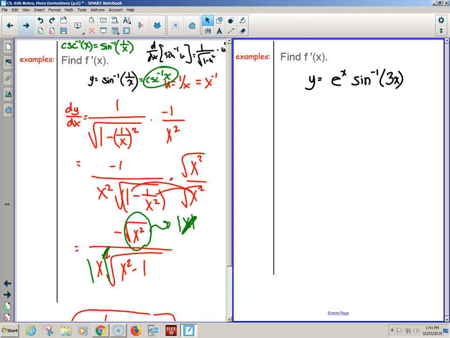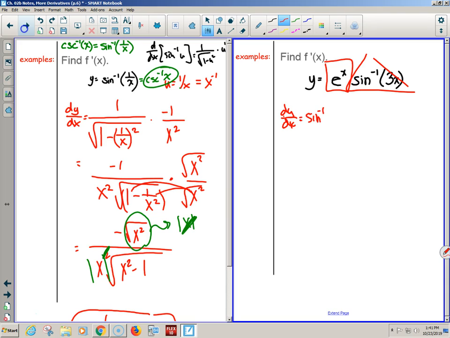I'm going to slowly start. Oh, that's right. The derivative of e to the x is e to the x. That's nice. Wait, 9x squared? 3x times 3x? 3x squared?